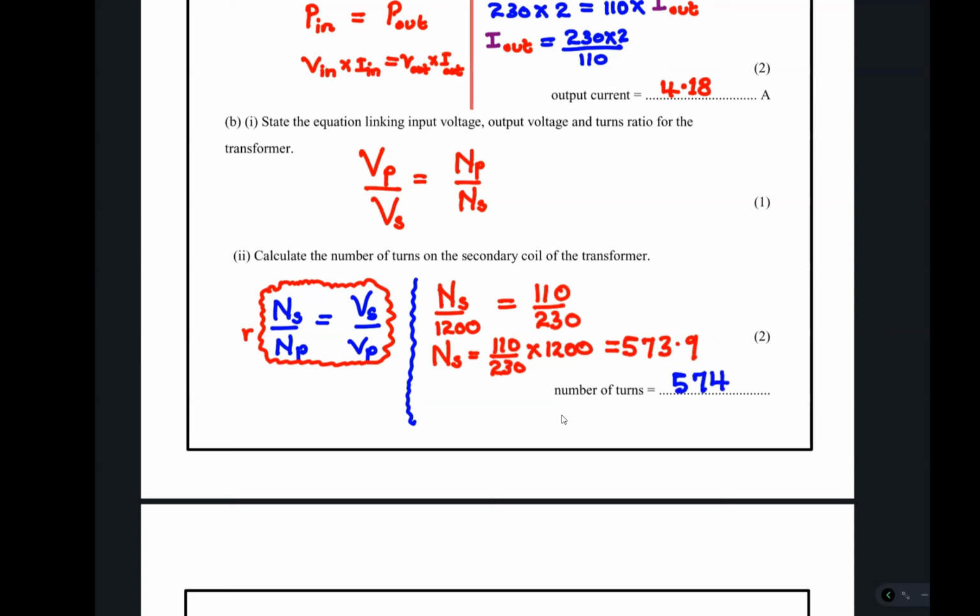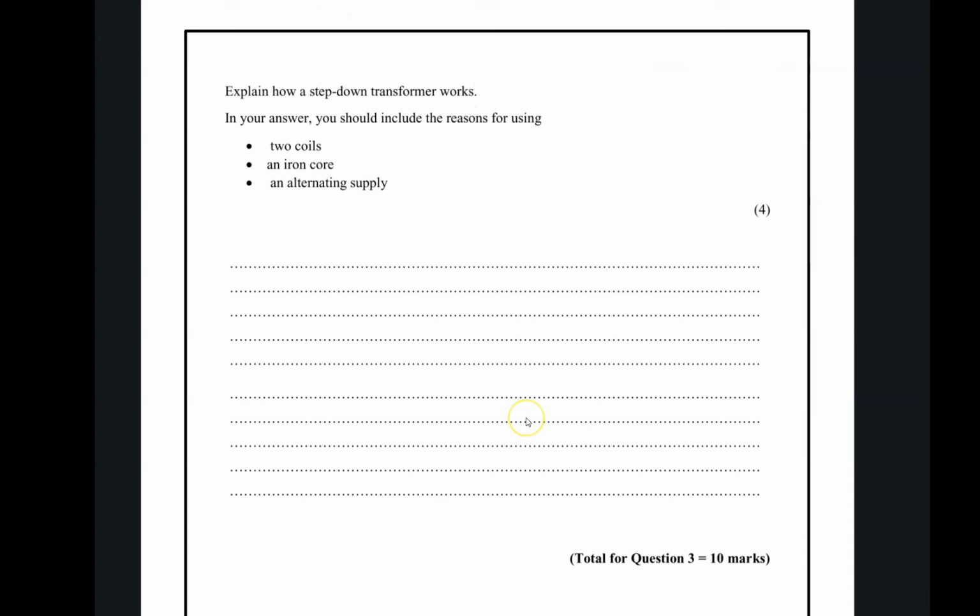Another part: explain how a step-down transformer works. We are talking of a step-down transformer. Do you know the purpose of a step-down transformer? A step-down transformer is a transformer that reduces voltage. And you need to know these two transformers.